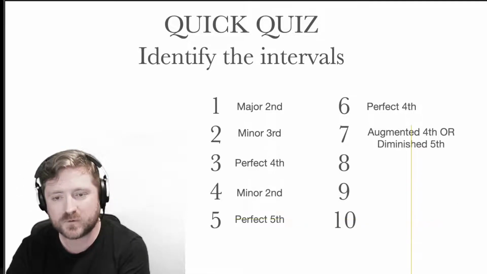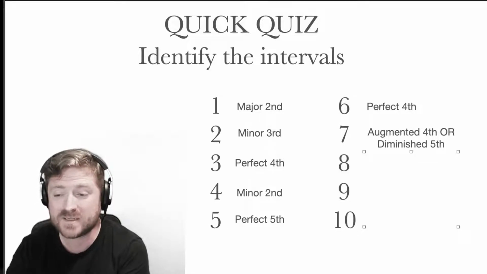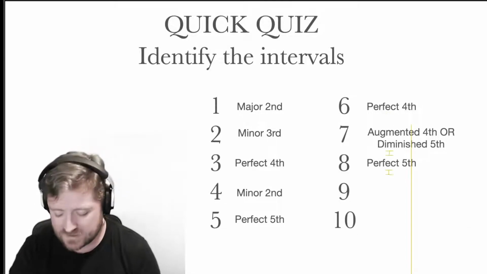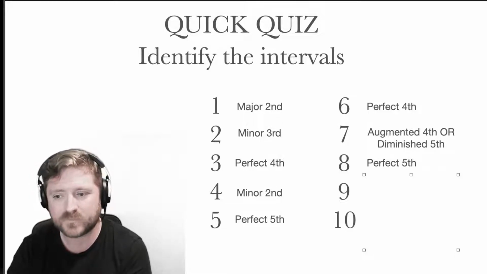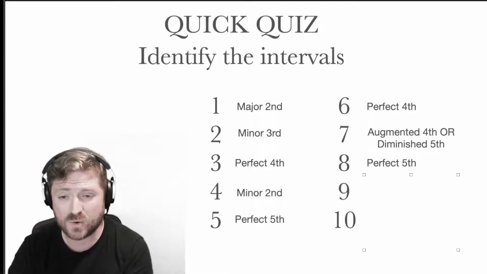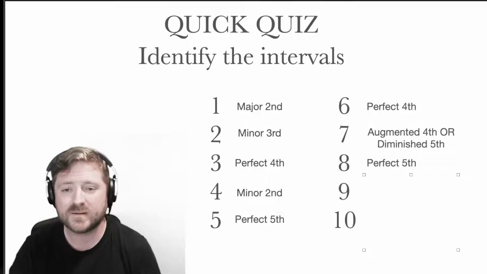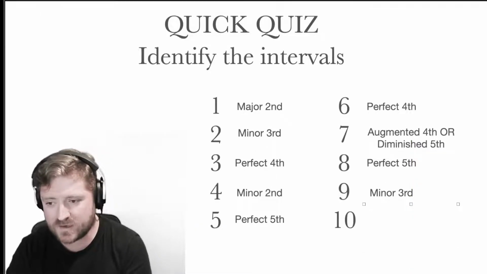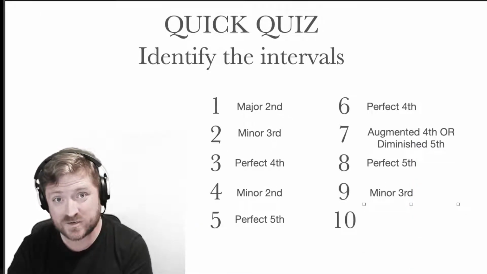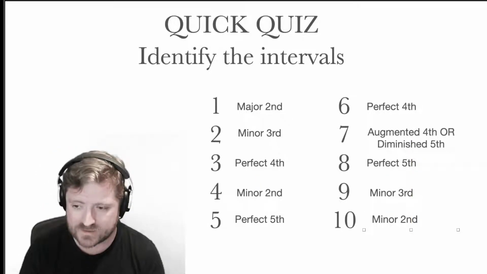That is the augmented 4th or diminished 5th. That's the tritone. The Simpsons. Number 8 was another perfect 5th. Flintstones. That's the 5th. Number 9 is a minor 3rd. Ding dong. And the last one was a minor 2nd.